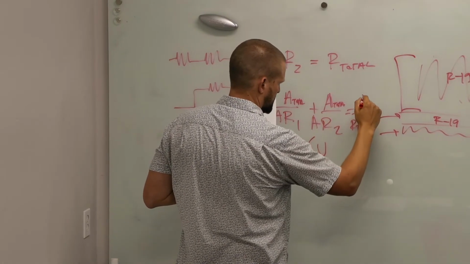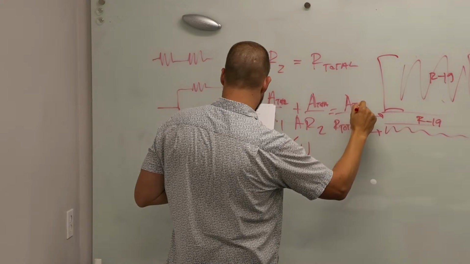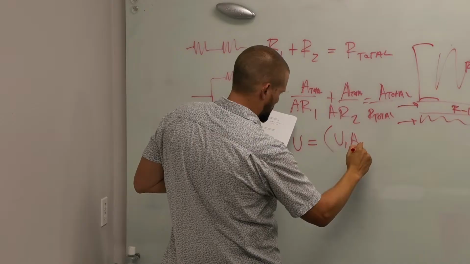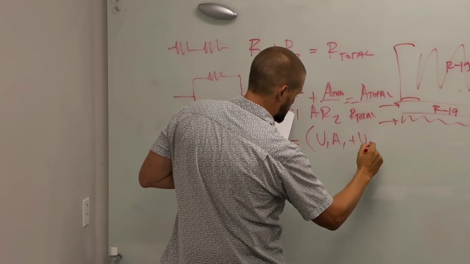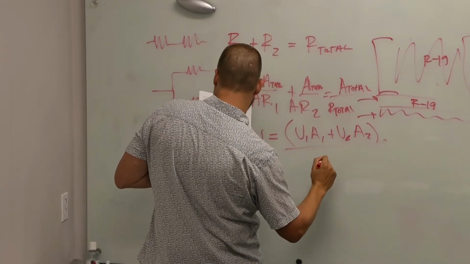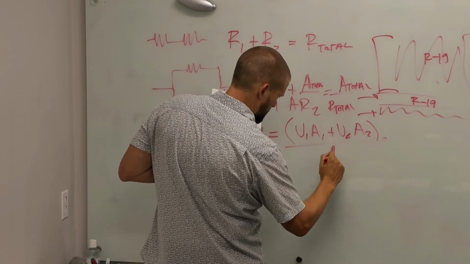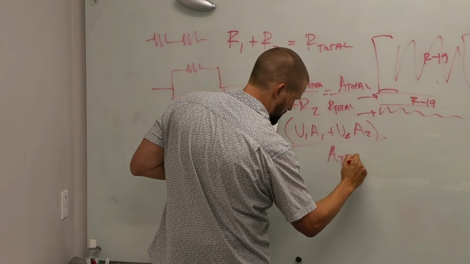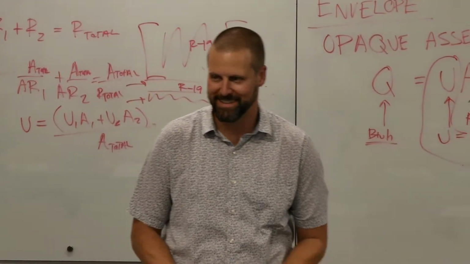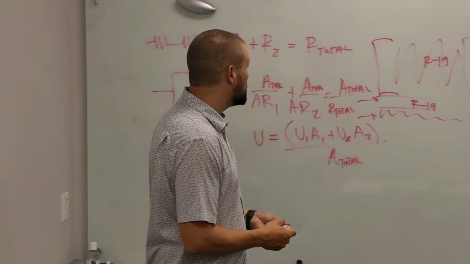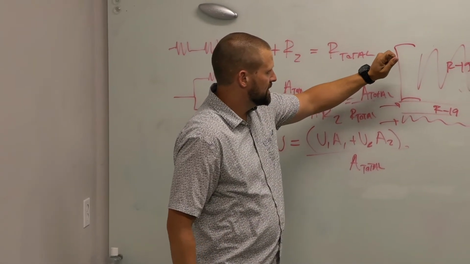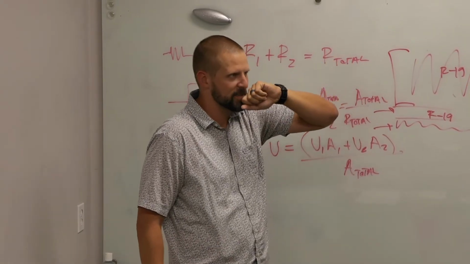Or it's going to be the same as U1 A1 plus U2 A2 over A total. Which I thought of doing an example with, but you're probably never going to use it. But it is an important concept, and it comes up in the field.